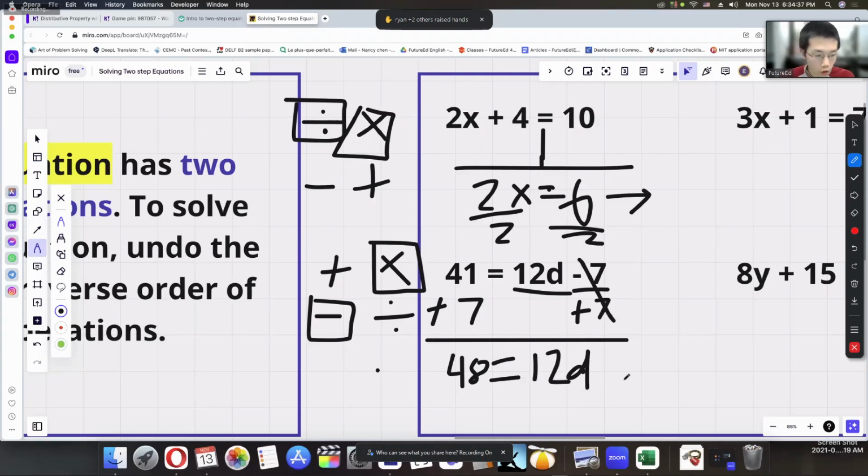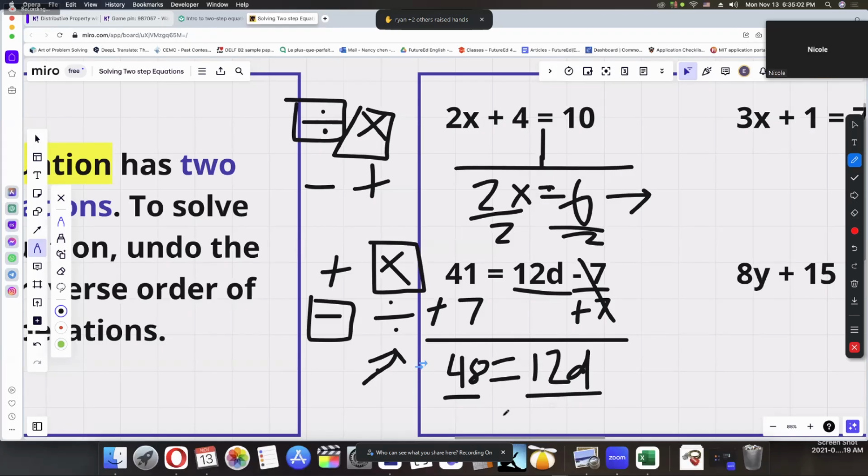Now, I think you should know how to solve this, but how do we get rid of the 12 in front of the 12d? So what operation do we need to use? Division. We need to divide. So we divide by, can you read that again, please? Divide by 12? Is that what you said?